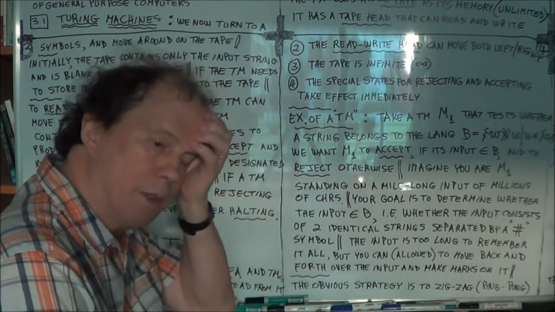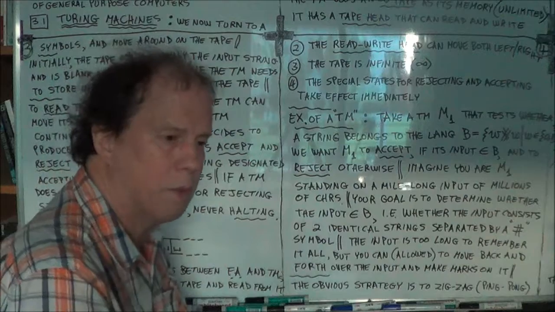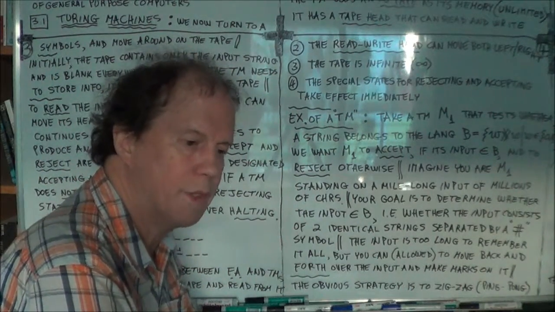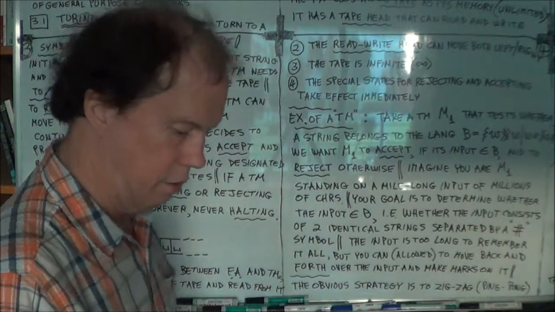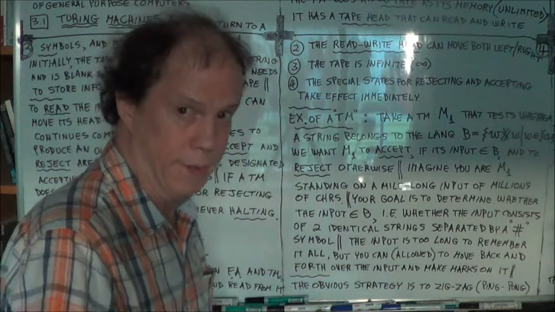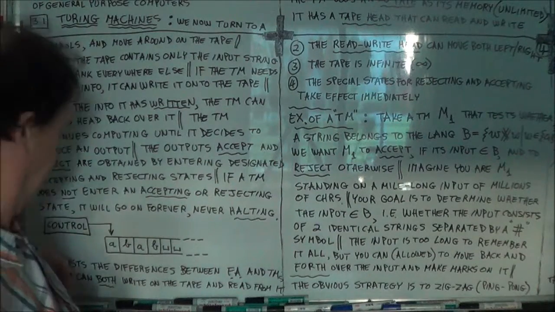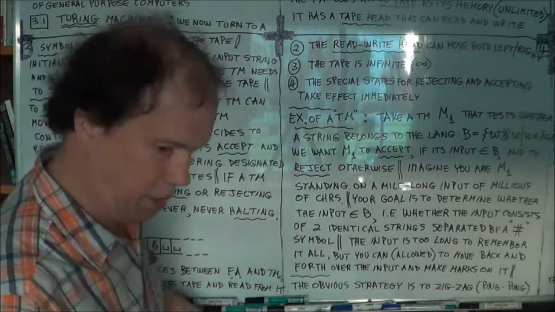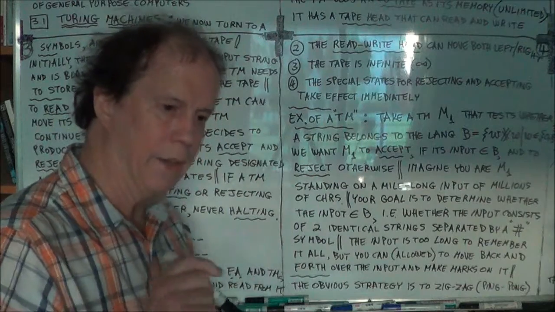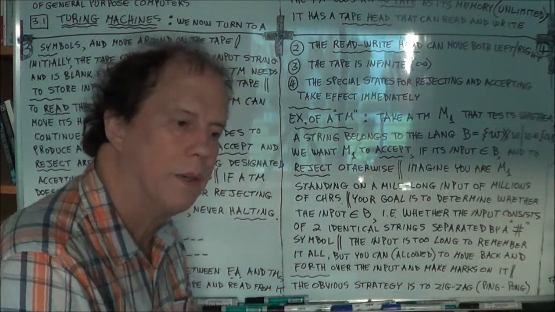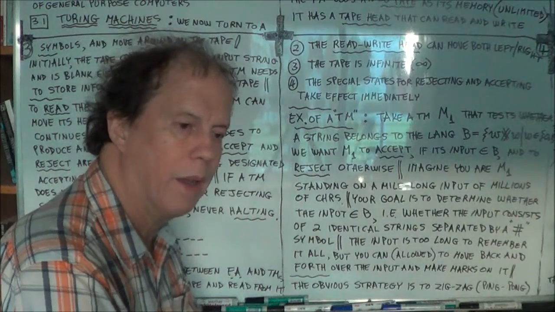It might be interesting now to talk about, we've been talking about the similarities between a TM and the previous two automata. How about the differences? Well, there's a list here. Now a TM can read and write. It can do both on its tape, on its memory.